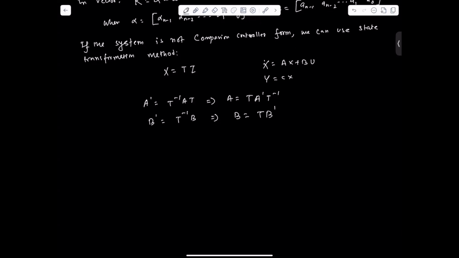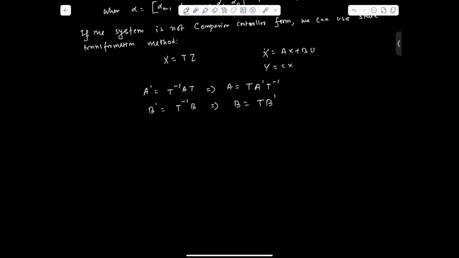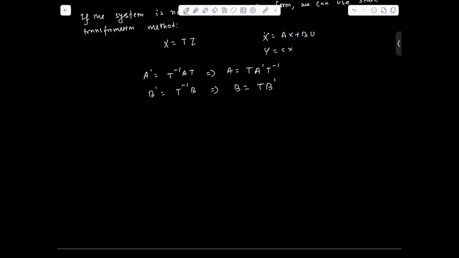Now for this transformed system also we can design the controller. This is a regulator problem, and we are assuming the reference signal is equal to 0 here.